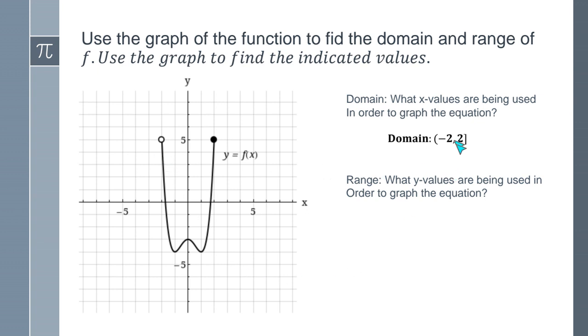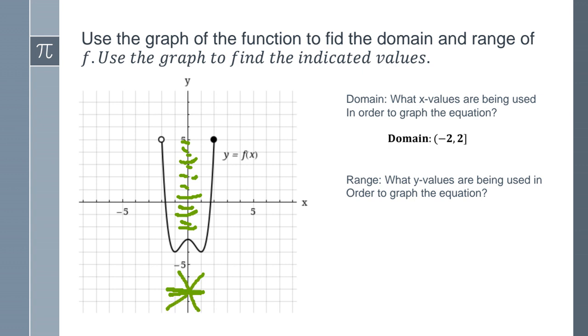Now the range is going to be all the y values that are part of the graph. So instead of the x values, now we're looking at all the y values that help us make this graph. If I choose this y value, this is not part of my range. But what is the smallest y value that is part of my graph?